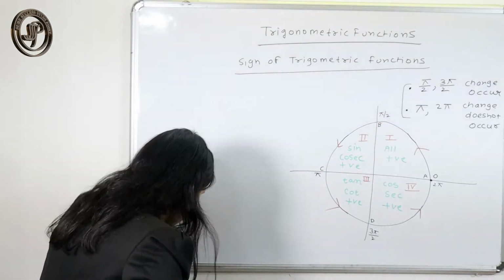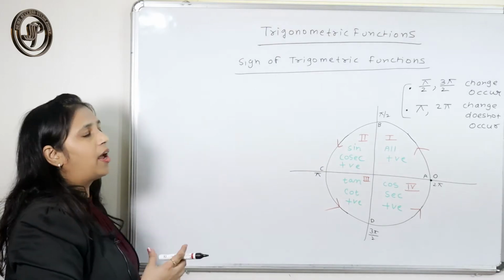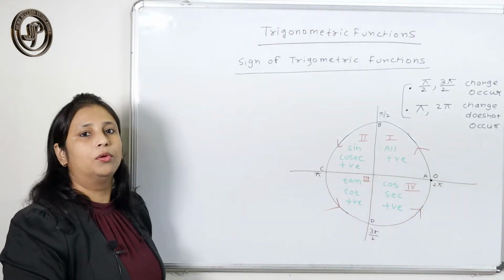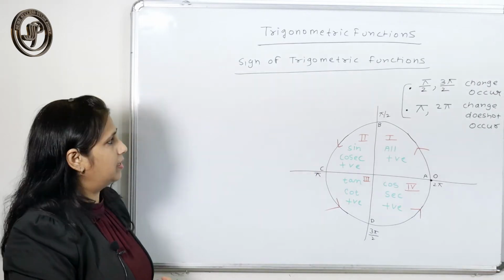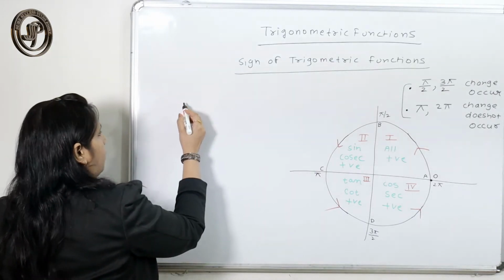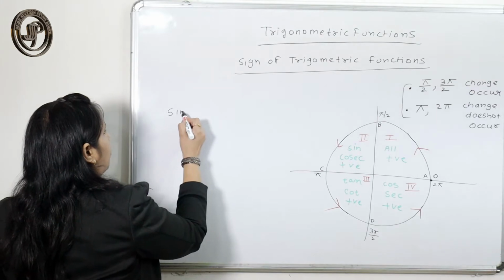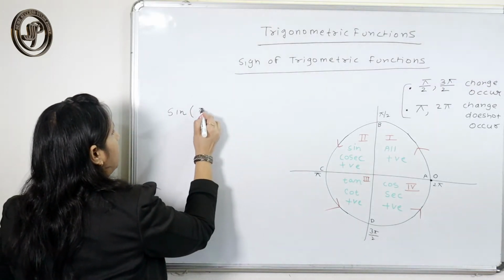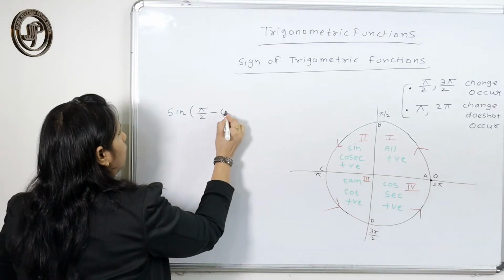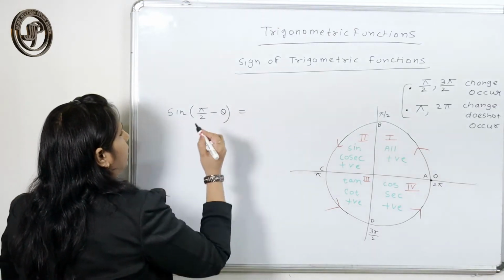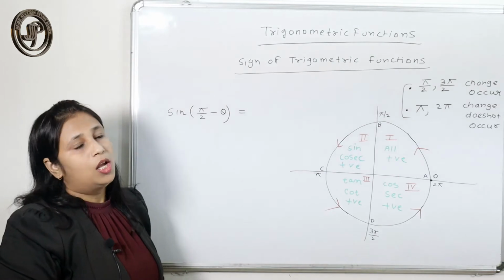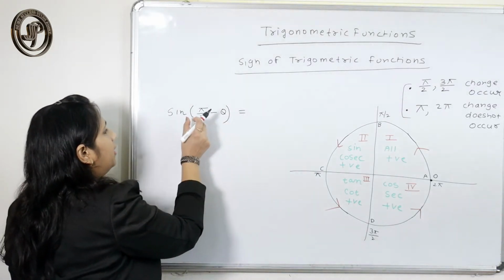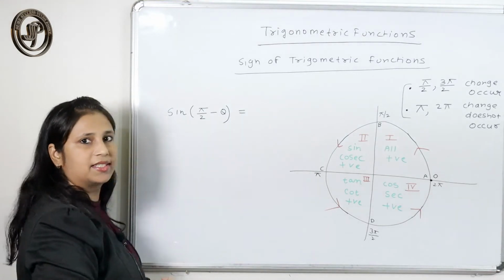Okay, first I am going to start with the complementary formulas that you studied in class 10th. I am just describing that formula. These are very important. Here I write 90 as pi by 2. So sine 90 minus theta, that is, sine of pi by 2 minus theta.